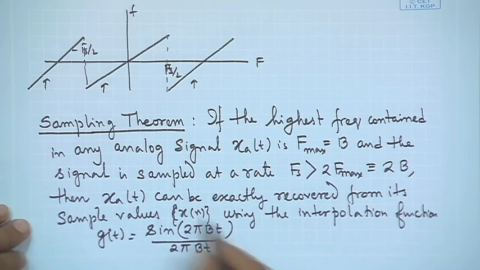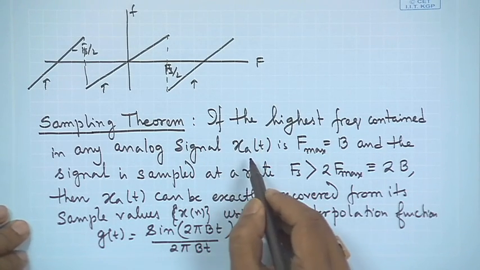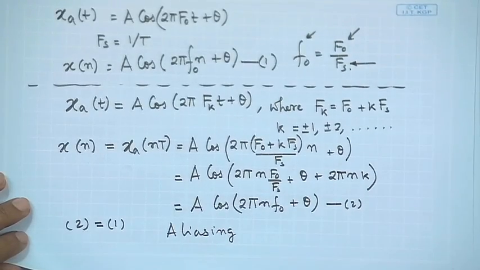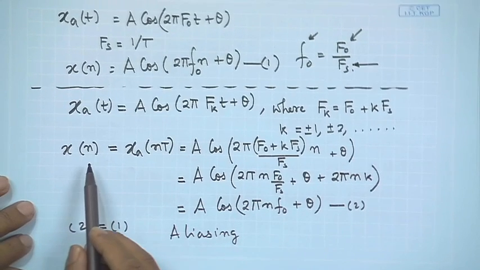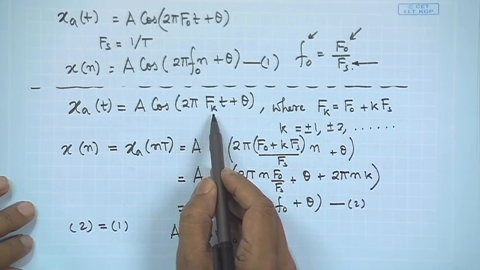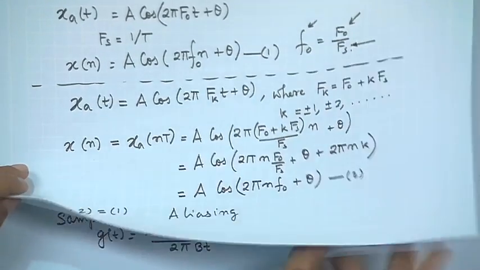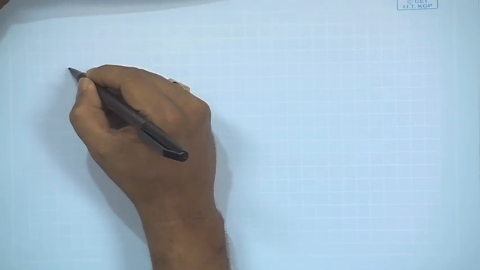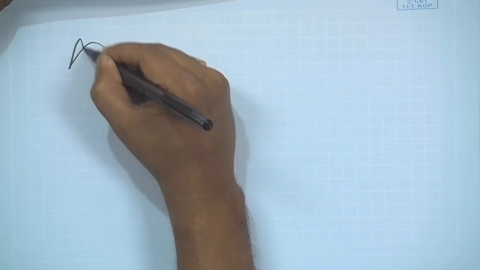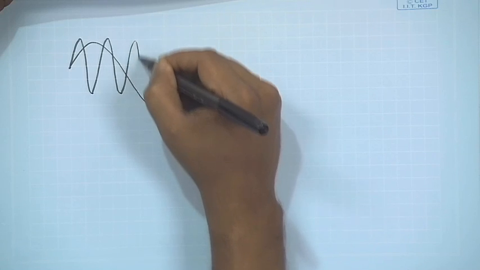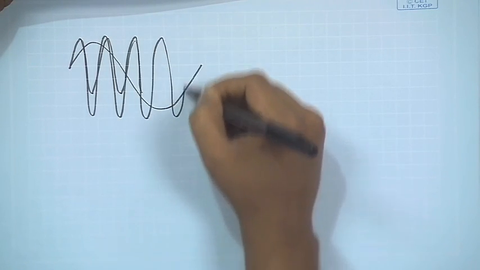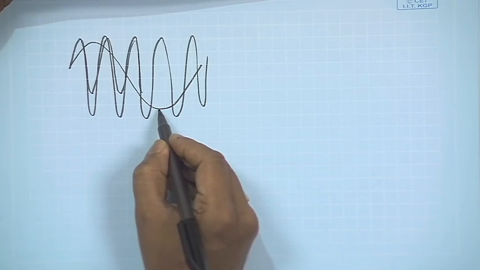So, that means that if we have x a of t, we can use this particular sheet again, which tells that what we see over here is x n is identical for different values of capital F k. So, that means if we have a signal which goes like this, and suppose we have another signal, sorry, I should have the full swing like this, which is an integer multiple of this original signal.